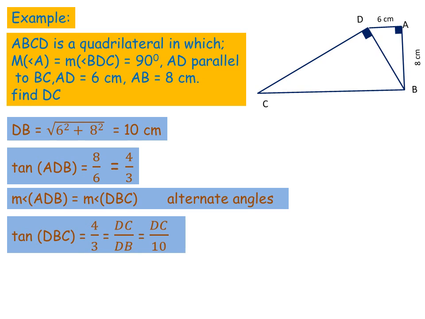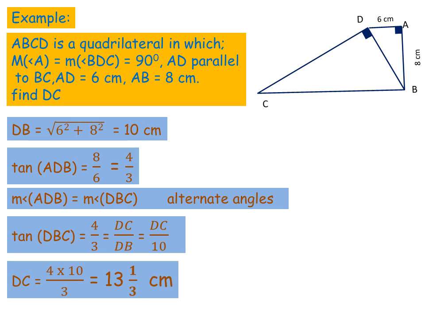Tan angle ADB equals 4 over 3, and tan angle DBC equals what? Opposite over adjacent, which equals DC over DB. And I have the length of DB. So 4 over 3 equals DC over 10. Cross multiplying, I can calculate the length of DC equals 4 times 10 over 3, which will be 13 and 1 over 3 centimeters.